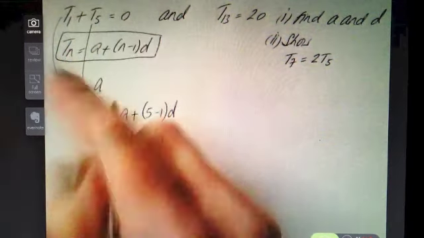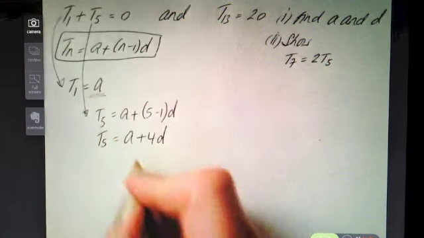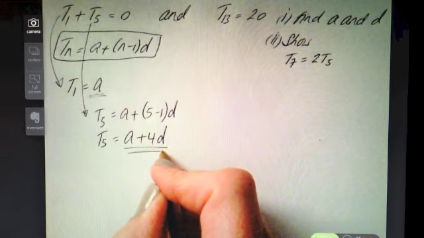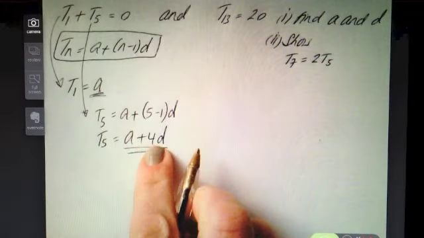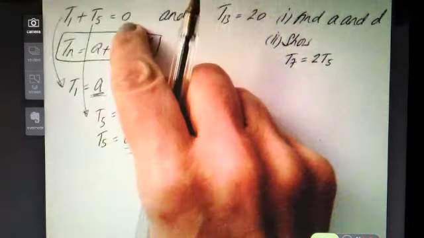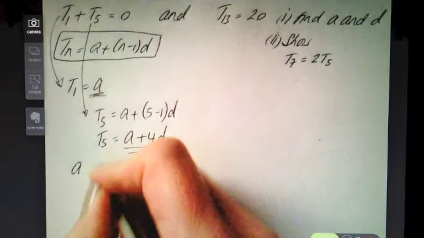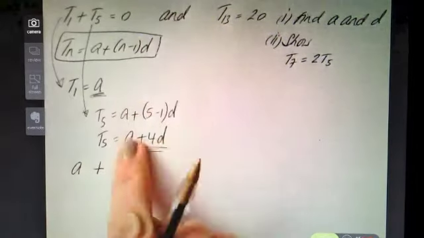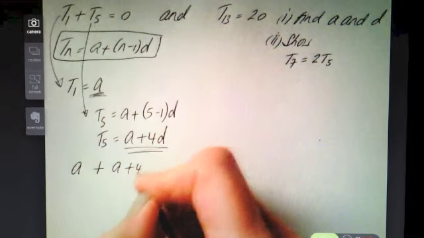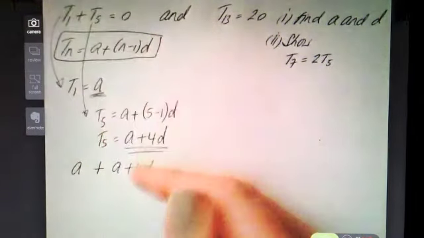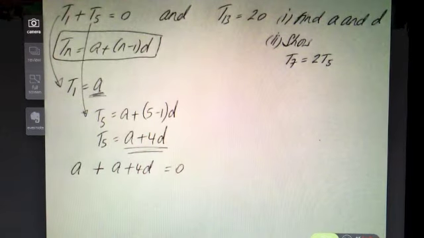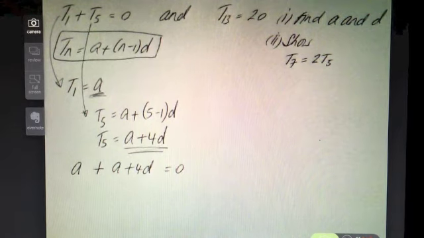Well, term 1 is A, added to term 5, the expression I have for term 5, which is A plus 4d, is equal to 0. So that's that information written out in A and d, which is what I want.